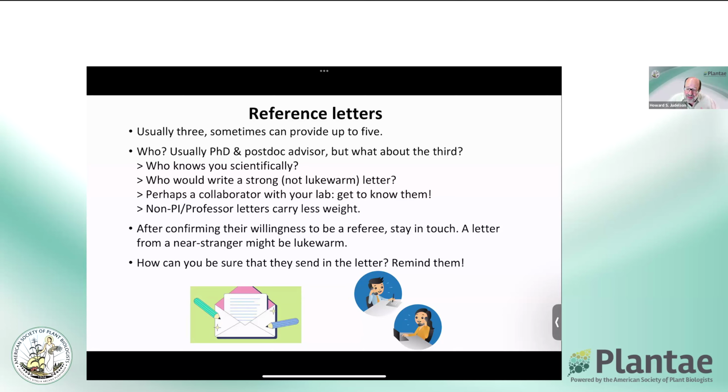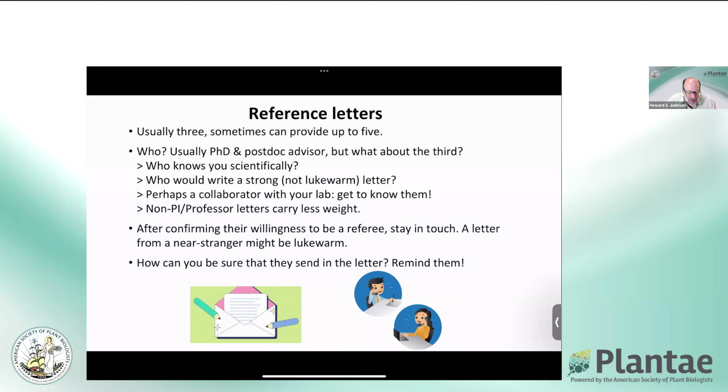If they're on your campus, visit with them, send an email every now and then, say you're starting to apply. You could ask them for advice for applying. So, try not to get letters from strangers. The last point on this slide is, how can you be sure that they actually send in the letter? It's okay to remind them.